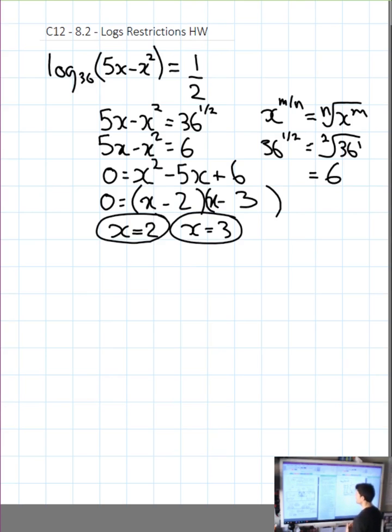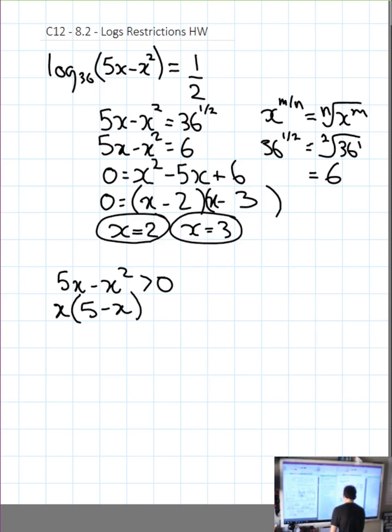Now I have to work on my restrictions. So underneath the thing that we're logging, 5x minus x squared needs to be greater than 0. Now, I don't like the equation in that form, but I will leave it and factor out an x. So if I set my factors equal to 0, I get x equals 0 and 5 minus x equals 0.